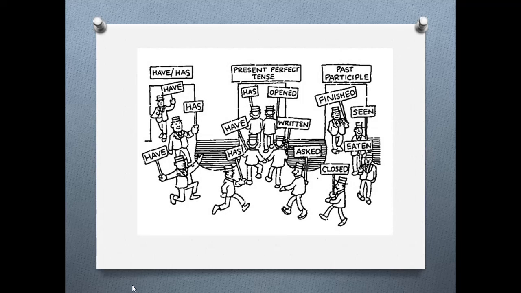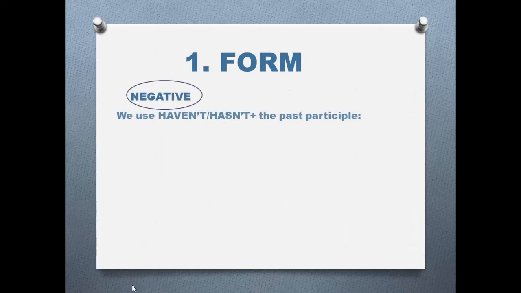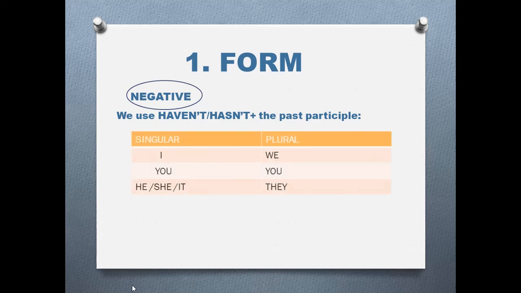So regarding the negative, what do we need? We need not, and we add not to the auxiliary verb, which is have. In this case, and depending on the subject, haven't or hasn't. And then we need again the past participle.